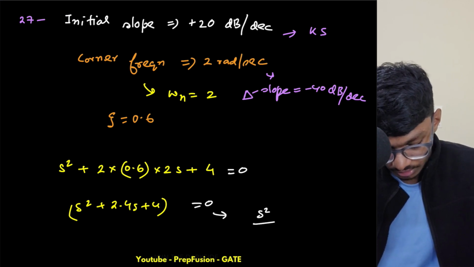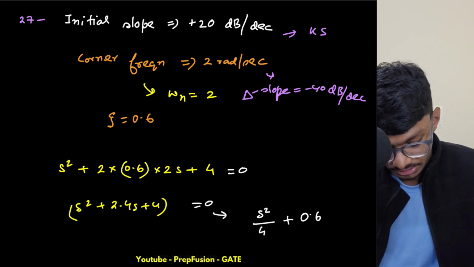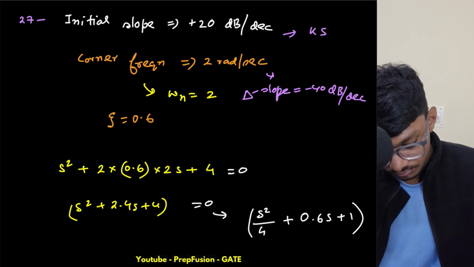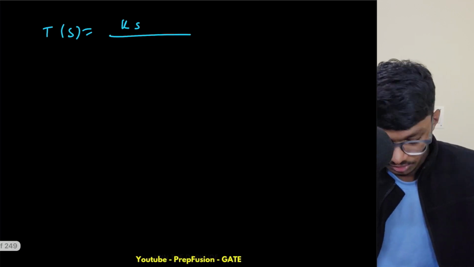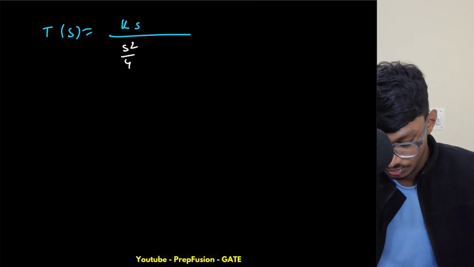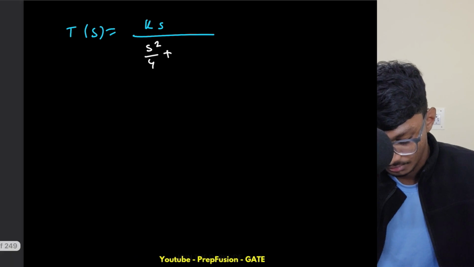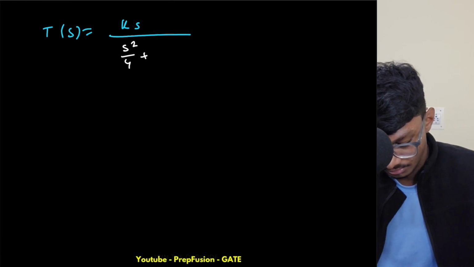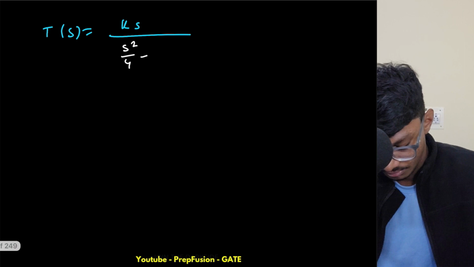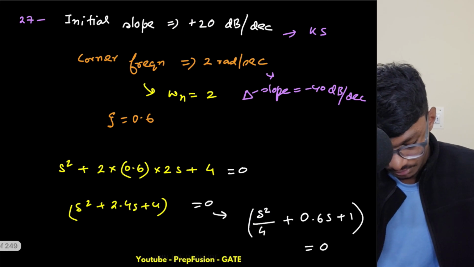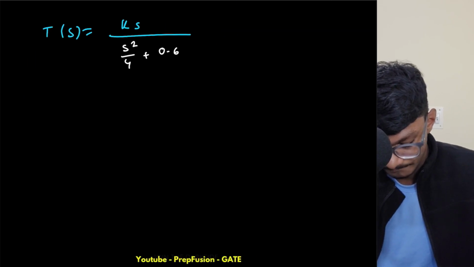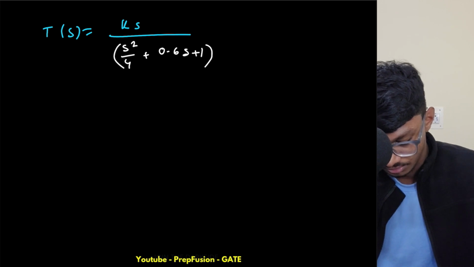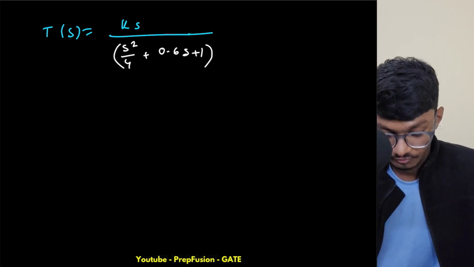So this will be s square divided by 4 plus 0.6 s plus 1 equals to 0. Now, what is the value of k over here?